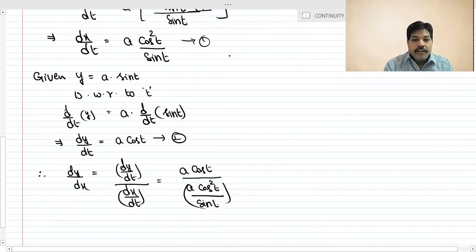A will be cancelled, and this cos t and this square will be cancelled. Also this sin t comes into the numerator. It will become sin t by cos t, so it will become tan t.